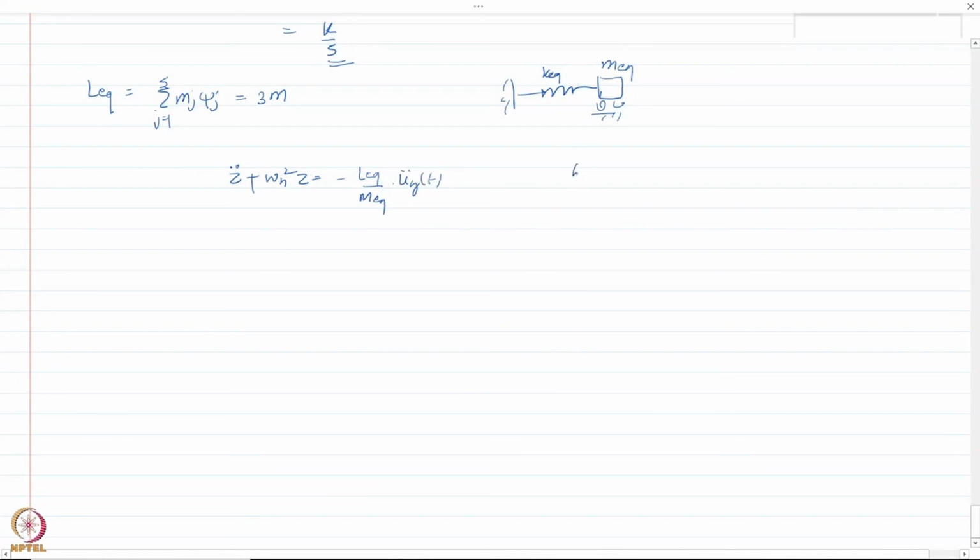Here omega n is k equivalent divided by m equivalent under root. Remember, omega n equivalent is k by 5 divided by 11 m by 5, which comes out to be 0.3 times k by m, under root.